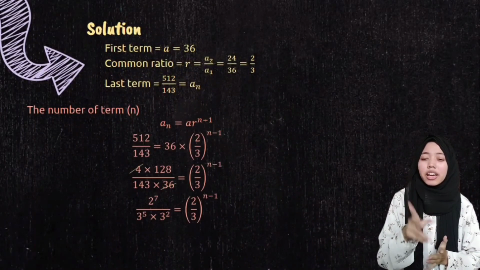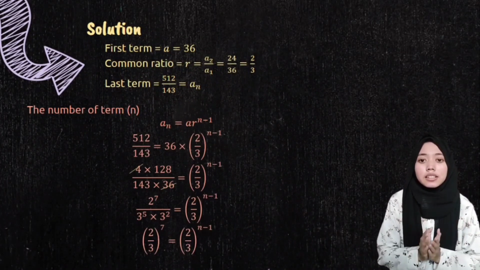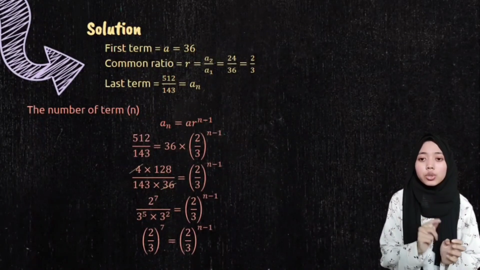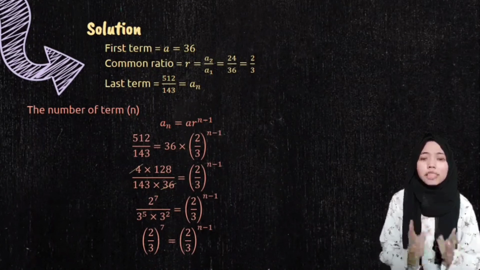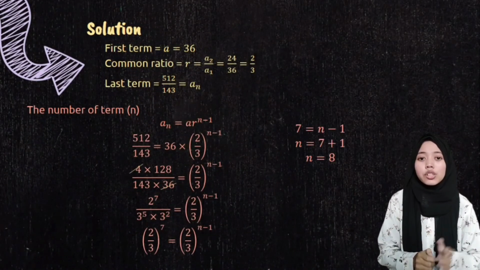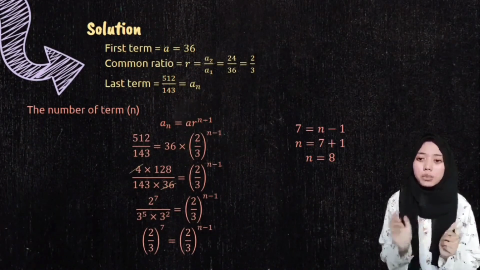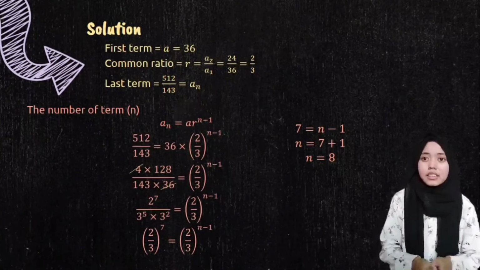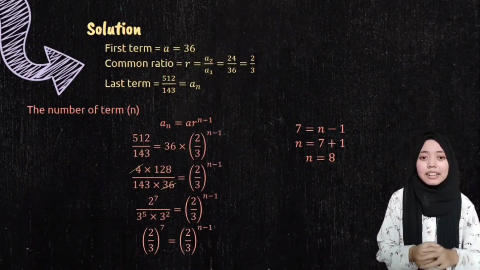So finally we get that 2 divided by 3 to the power of 7 equals 2 divided by 3 to the power of n minus 1. So 7 equals n minus 1. So we get that n is 8, and the number of terms is 8.